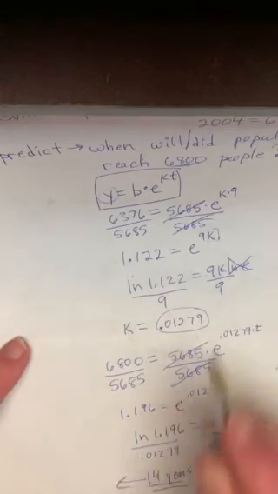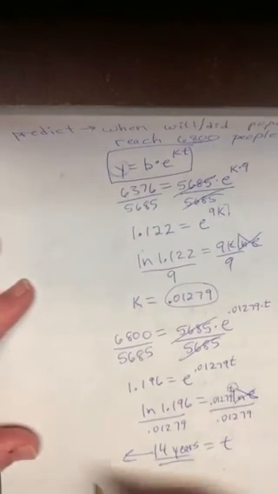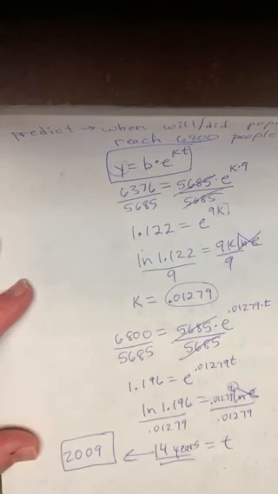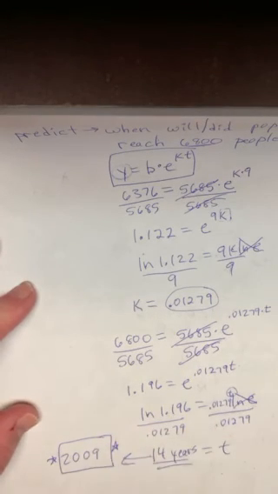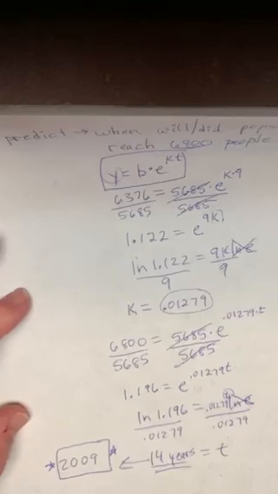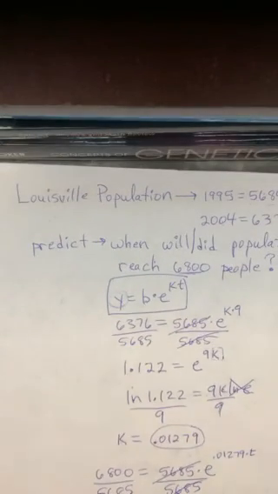Oh, so if I take 1995 and I add 14 years to it, the population reached 6,800 in the year 2009. Wow, interesting. That's how you can use growth, decay, exponential equations, logarithms to make a prediction on a statistical study.